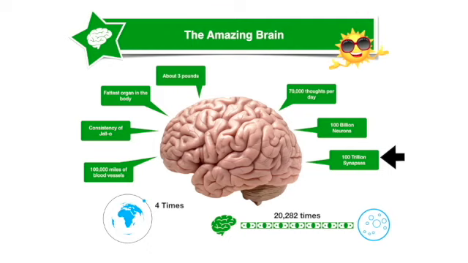If you had $1 for every single one of the synapses in your brain, you'd be able to line up those dollars between your brain and the moon and go back and forth 20,282 times. This is amazing to me. I've been studying this stuff for 30, 40 years now, and it still is absolutely incredible.